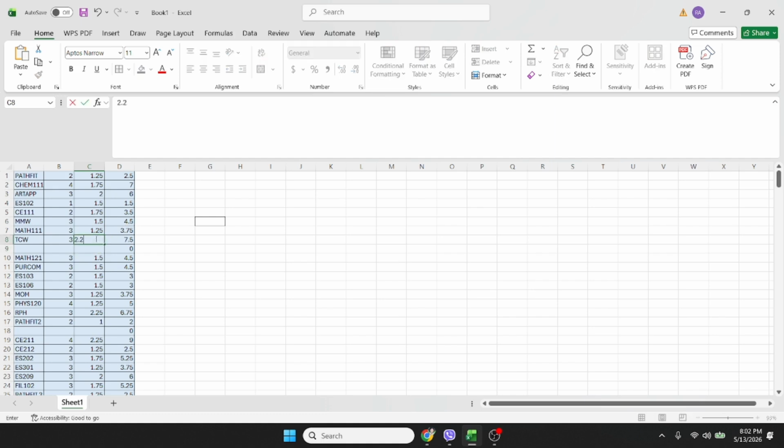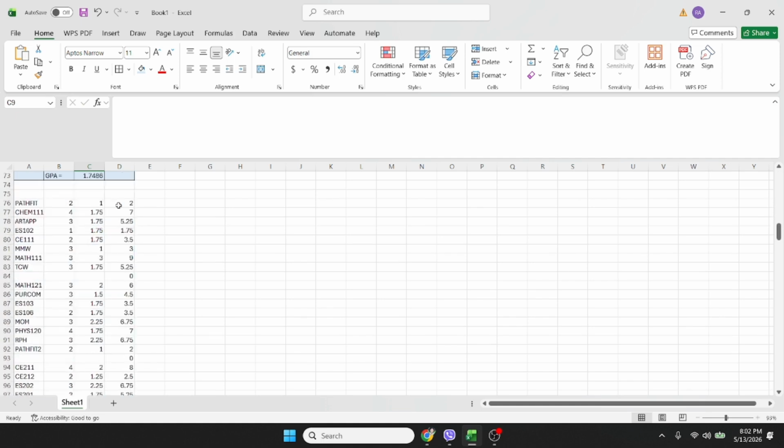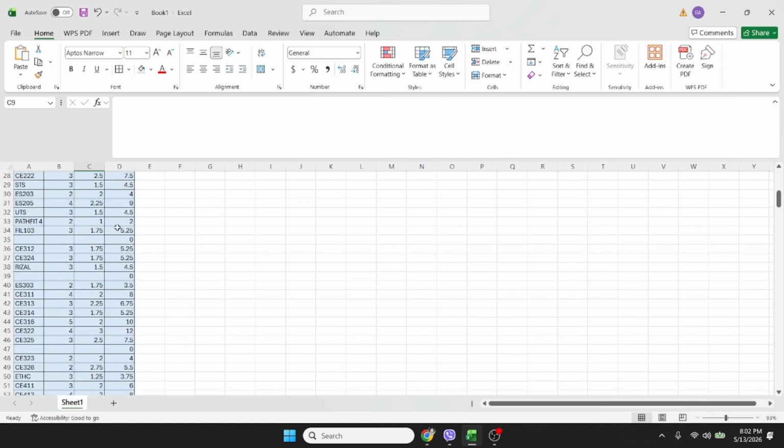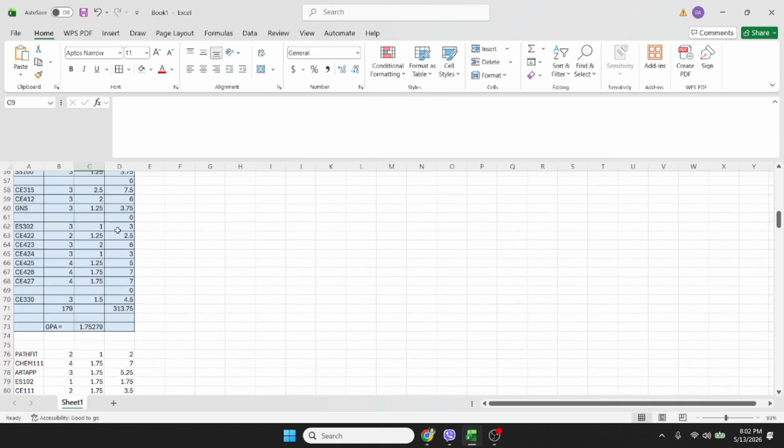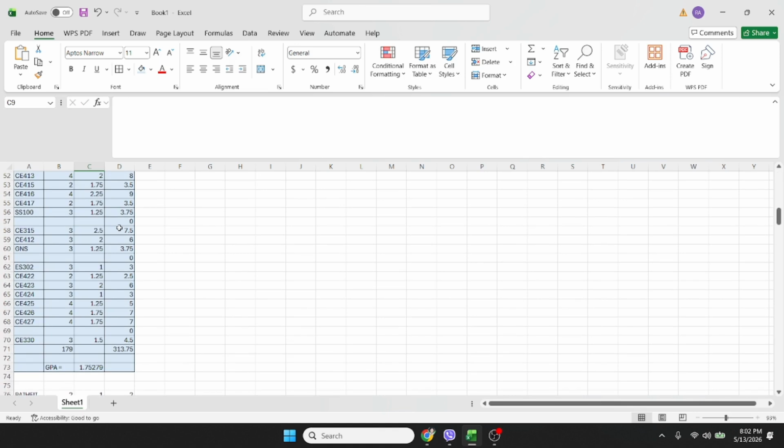And phi or the reduction factor shall be determined in accordance with section 421.2. So this is table 421.2.1 or the table of the strength reduction factors.